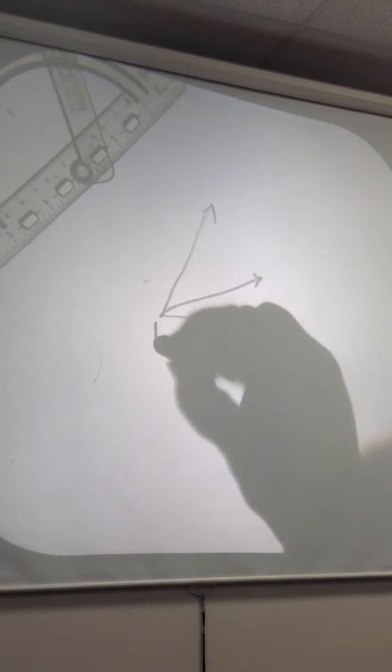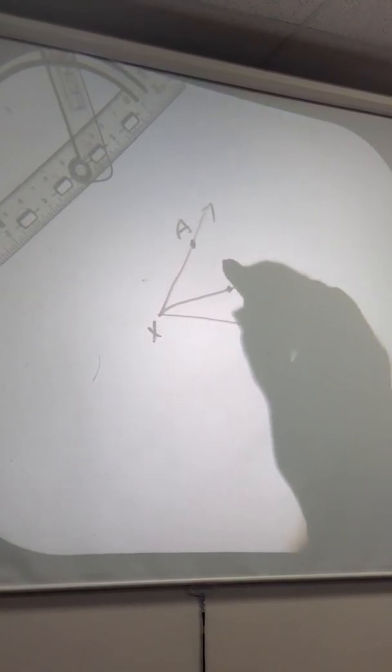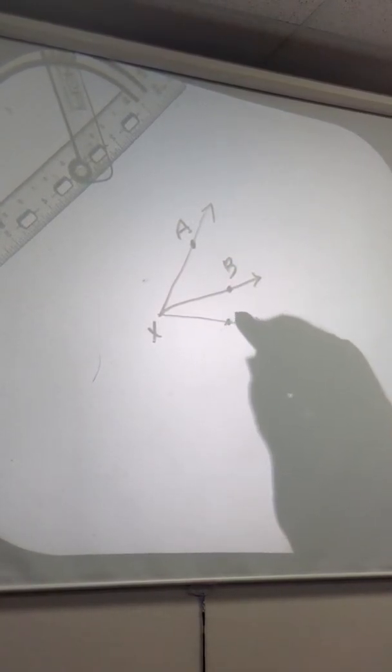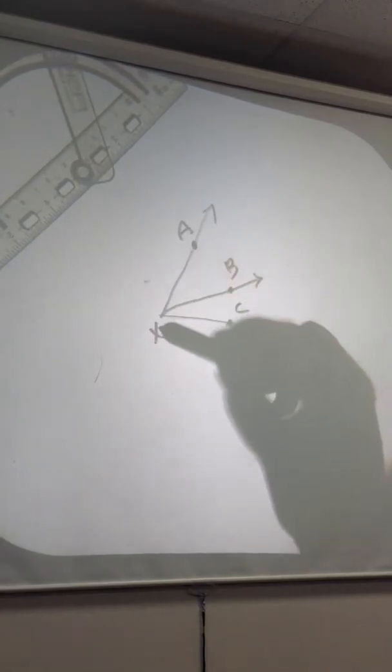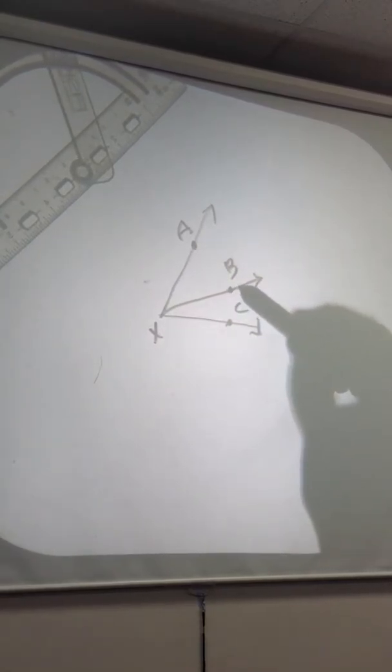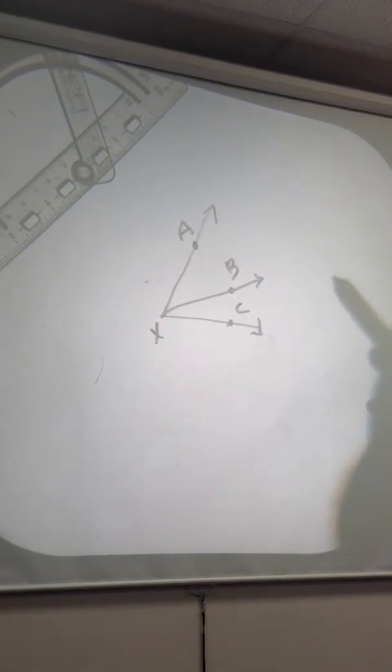And this we could call angle X, and this would be A, B, and C. All right? So we have angle AXB and angle BXC are adjacent angles.